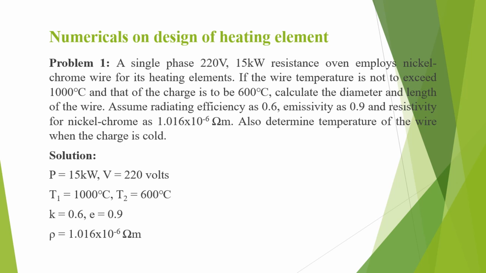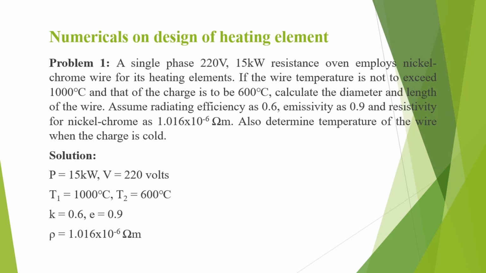Assume the radiating efficiency as 0.6, emissivity as 0.9 and resistivity for nickel chrome as 1.016 into 10 to the power minus 6 ohm meter. Also determine the temperature of the wire when the charge is cold. So the given data is power P equal to 15 kilowatt.